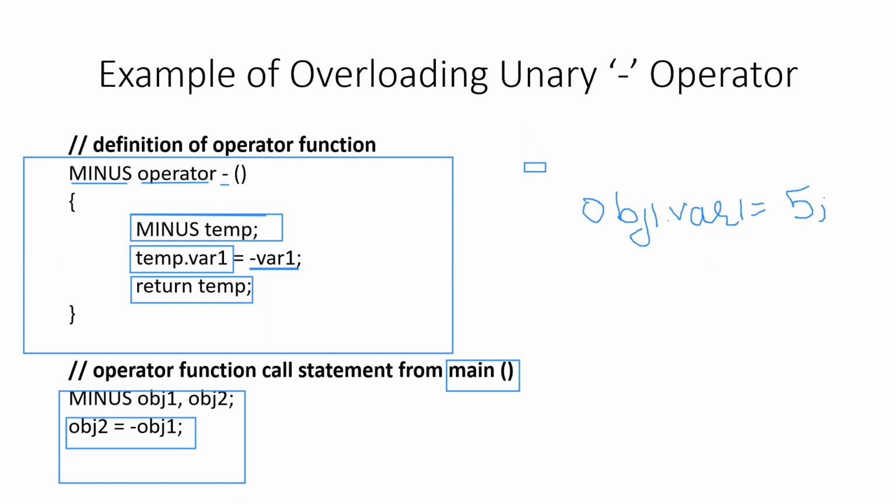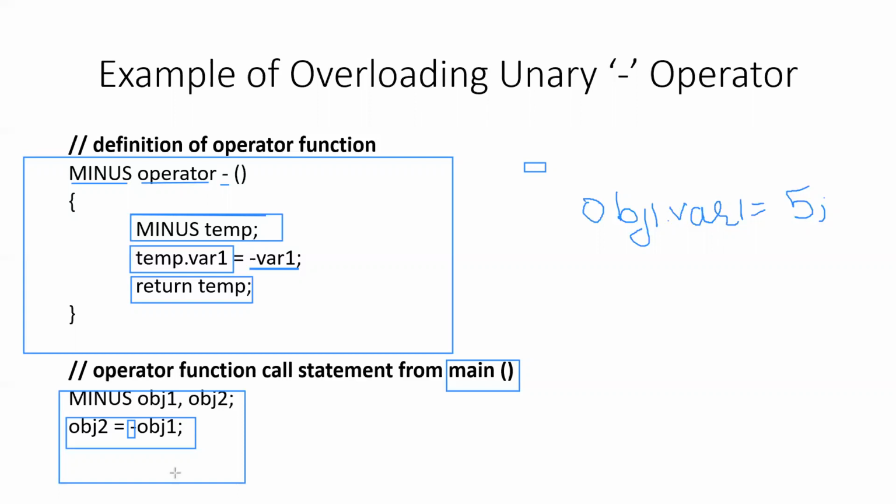This is called the operator function call statement. We are calling the operator function. How do we know that we are calling the operator function? Because this minus is the symbol that we have overloaded. Now, which object is actually calling this operator function?